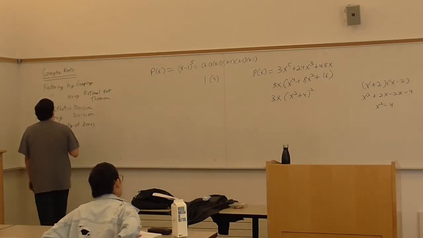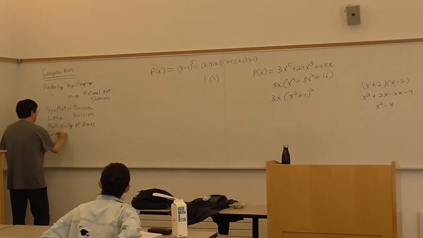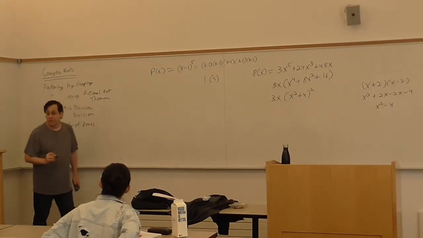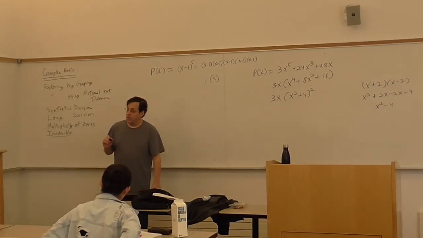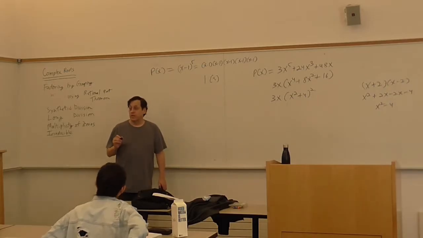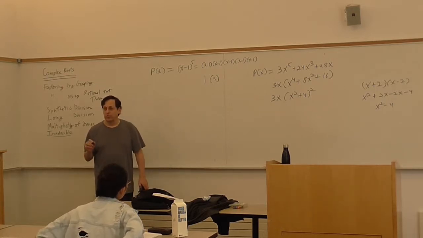I should have left that word up. Irreducible. This needs complex roots. It's irreducible under the reals. It's going to need some complex roots. I guess it went by too fast the first time. Good, because we're going to review it.